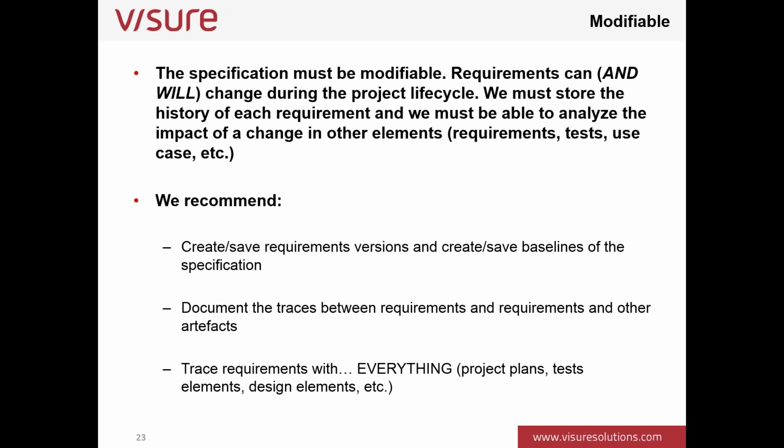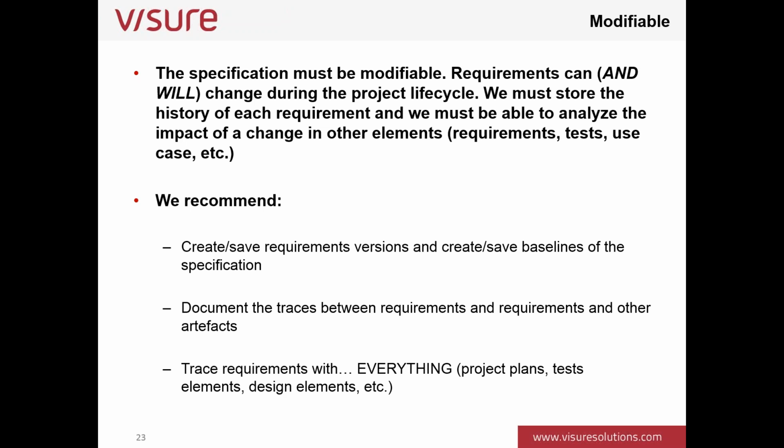The specification must also be modifiable. The requirements can and will for sure change during the project life cycle. We must store the history of each requirement, and we must be able to analyze the impact of a change in other elements: in other requirements, in the tests, in the use cases, in the design elements, whatever.